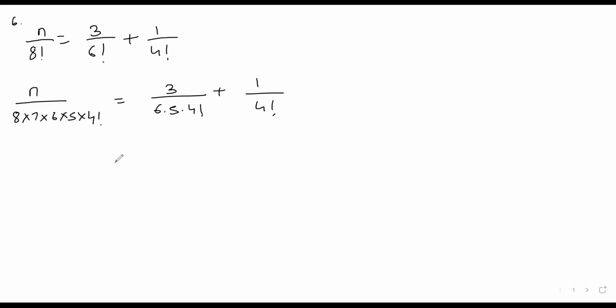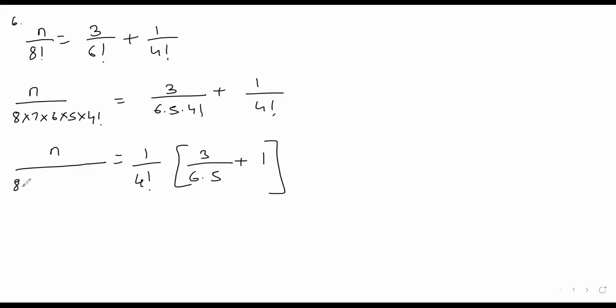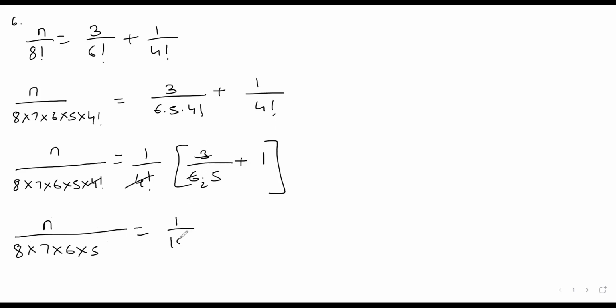I can take 4 factorial common from here. So 1 by 4 factorial common, 3 upon 6 into 5 plus 1. And here it is n upon 8 into 7 into 6 into 5 into 4 factorial. This factorial got cancelled. So this is n upon 8 into 7 into 6 into 5 is equal to 1 by 10 plus 1.